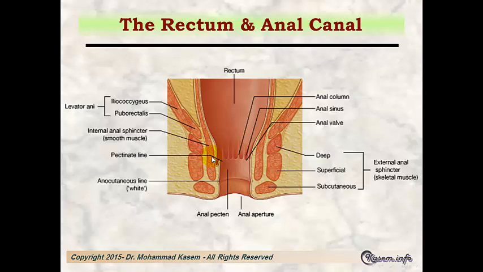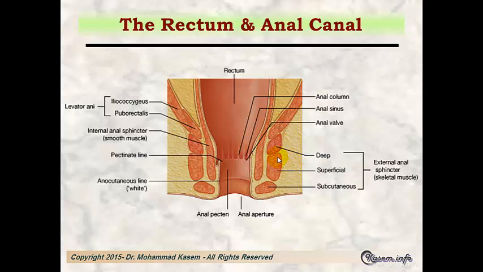These are smooth muscles controlled involuntarily, while the pelvic floor has the levator ani muscle and other skeletal muscle around the anal canal. These are the external anal sphincter, skeletal muscle of the pelvic floor that works voluntarily.